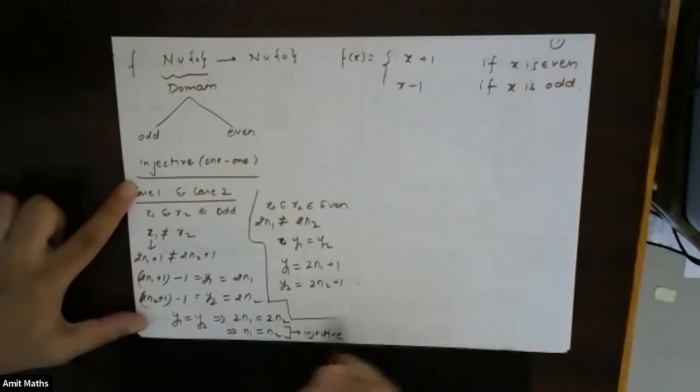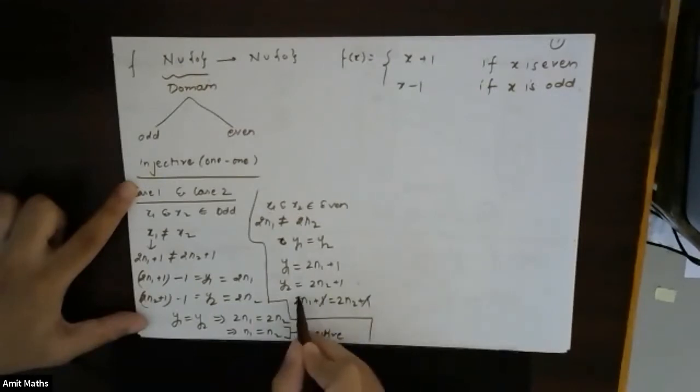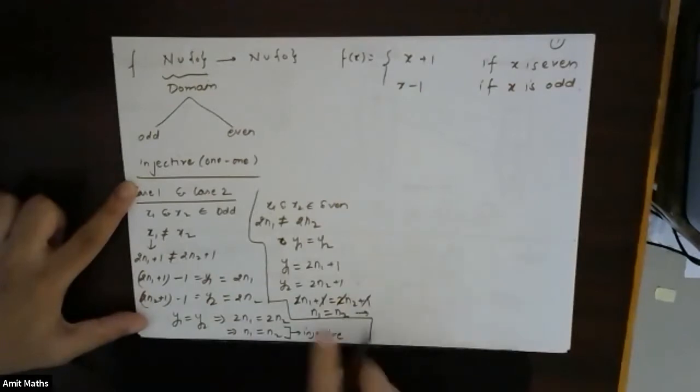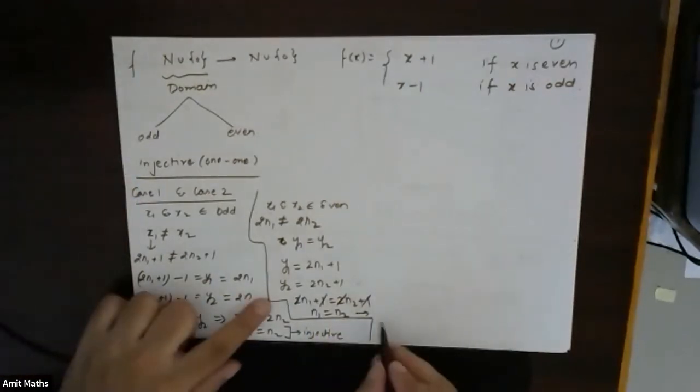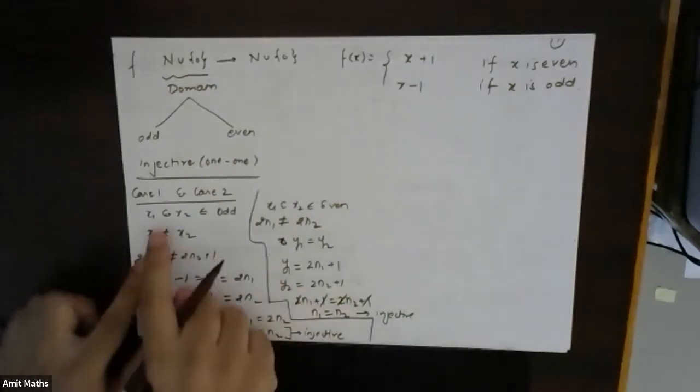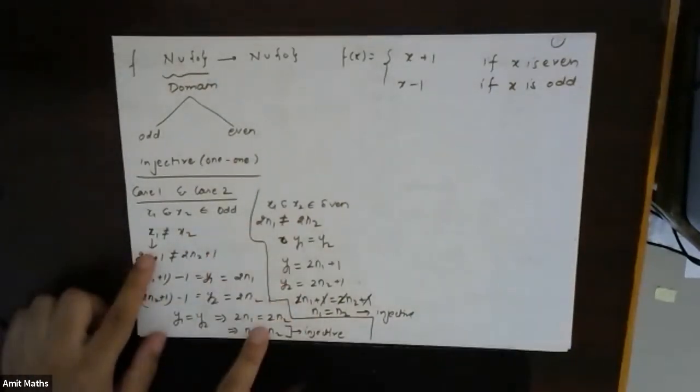Setting y1 equal to y2, 2n1 plus 1 equals 2n2 plus 1. The 1 and 1 get cancelled, 2 and 2 get cancelled, so n1 equals n2. Again, if I'm getting only this solution, it is injective in nature. So when both are odd, it is injective, and when both are even, it is injective.